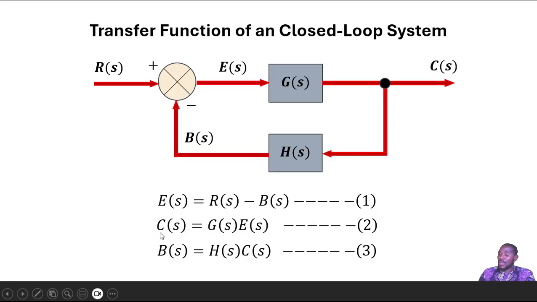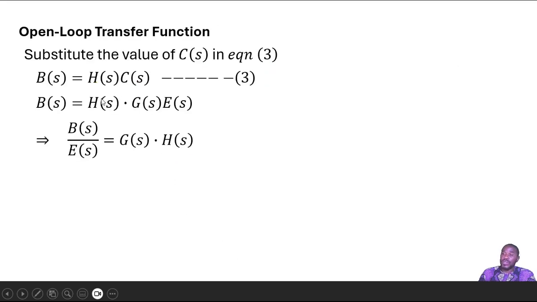So I pick equation 2, C of S, and substitute that in equation 3. So instead of C of S, what we have is G of S, E of S, because the output C of S is a product of G of S, the forward loop transfer function, and the error signal.